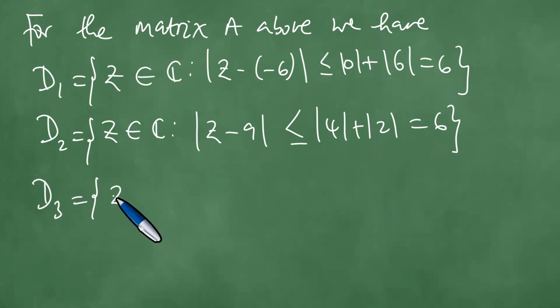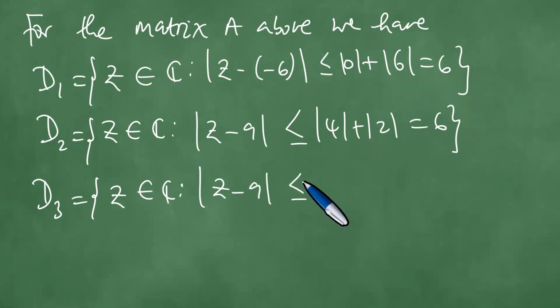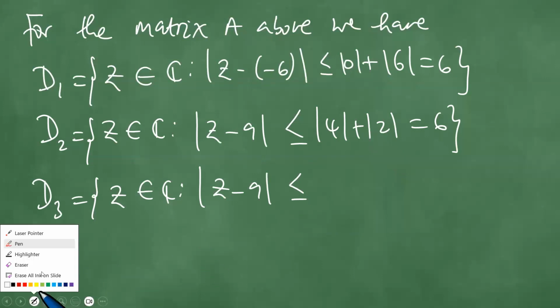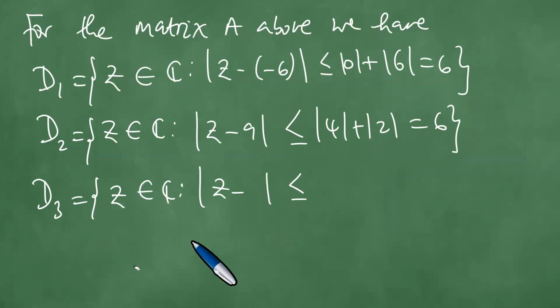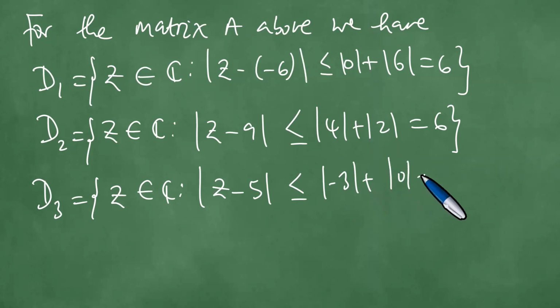Disk 3: z is an element of the complex numbers such that |z minus minus 5| is the absolute value of minus 3 plus 0.3. These Gerschgorin circles are very important when we are looking at the intermediate eigenvalues.